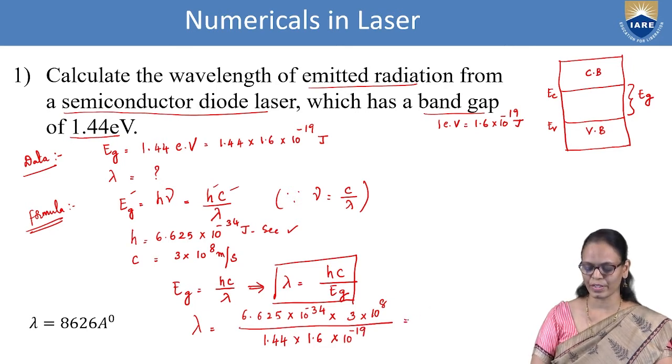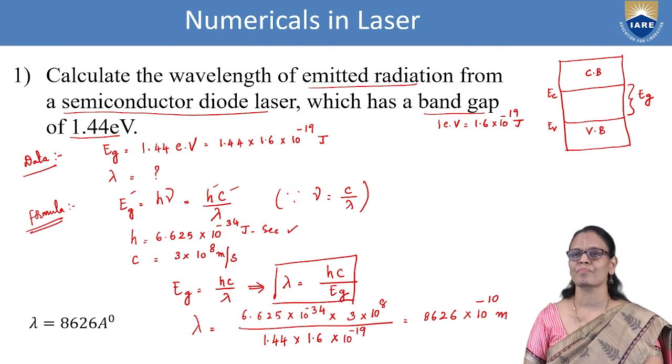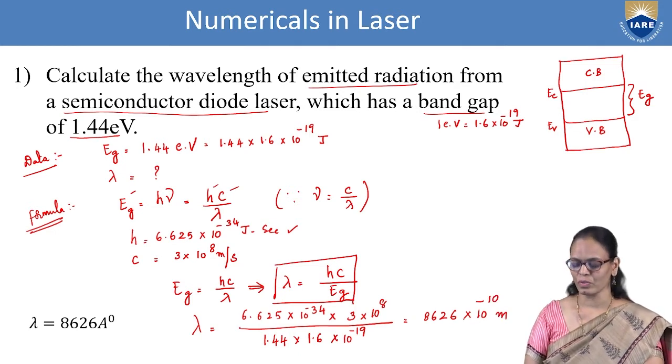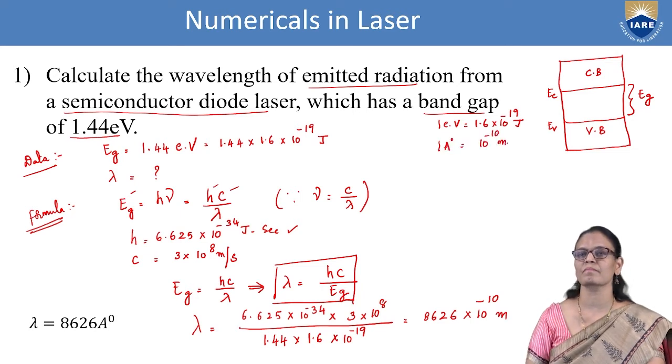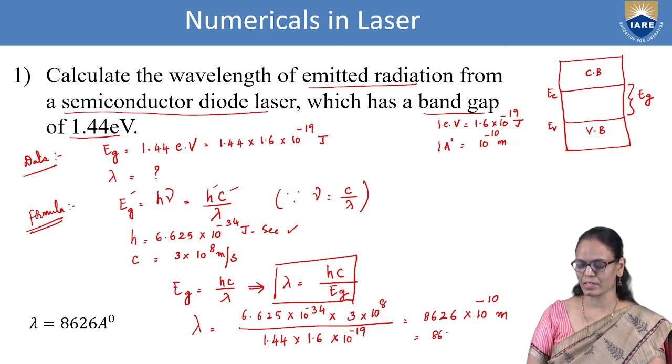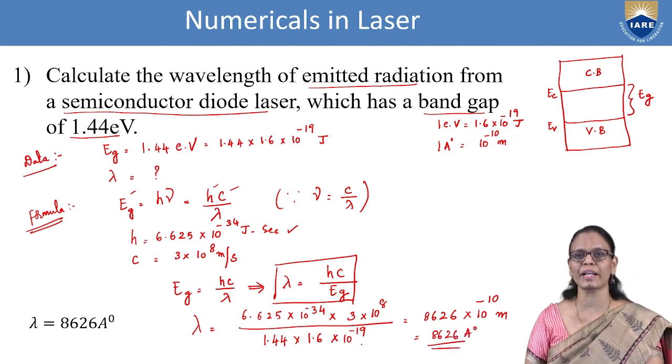So what we get here is 8626 into 10 power minus 10 meters. And we know that 1 angstrom is equal to 10 power minus 10 meters. So therefore we write it as 8626 angstrom. So the wavelength of the radiation that is emitted is 8626 angstrom.